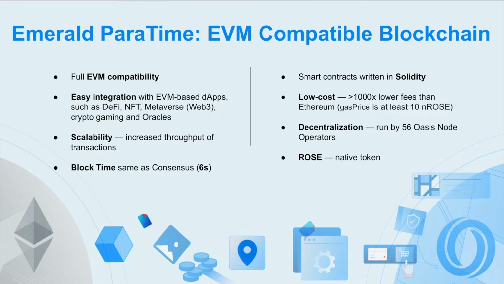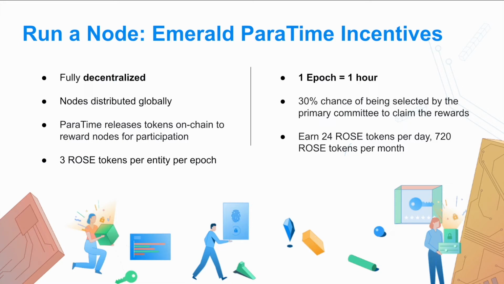Okay. Now, going to some incentives to run an Emerald ParaTime node. We want to make sure that this network is fully decentralized. So anyone can run a node. And these nodes are distributed globally. You can run it on cloud or privately if you have servers and so on.